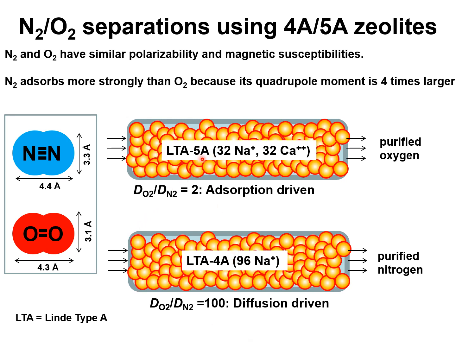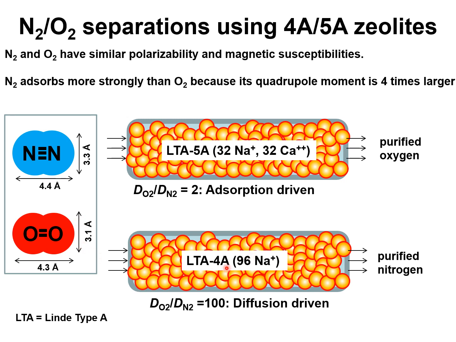In 5A zeolite, the diffusivity ratio between oxygen and nitrogen is a factor of 2 because of the smaller cross-sectional dimension of oxygen.